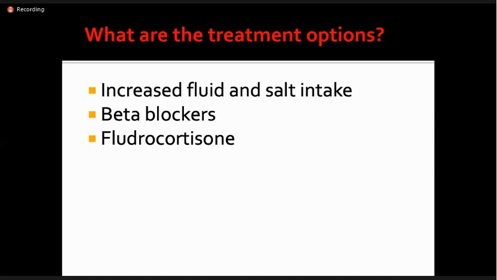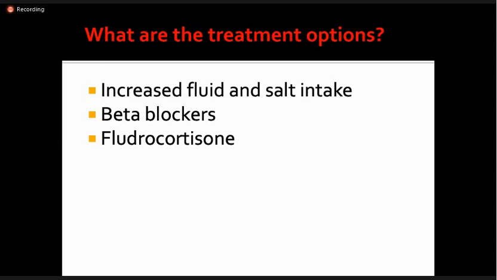So under the medical therapy category, beta blockers and fludrocortisone are the two drugs that can be used. Beta blocker is believed to help with, I told you that the mechanism is there is an initial adrenergic surge followed by a vagal response. So beta blockers are useful to actually suppress this adrenergic surge. And fludrocortisone obviously causes some water and salt retention.